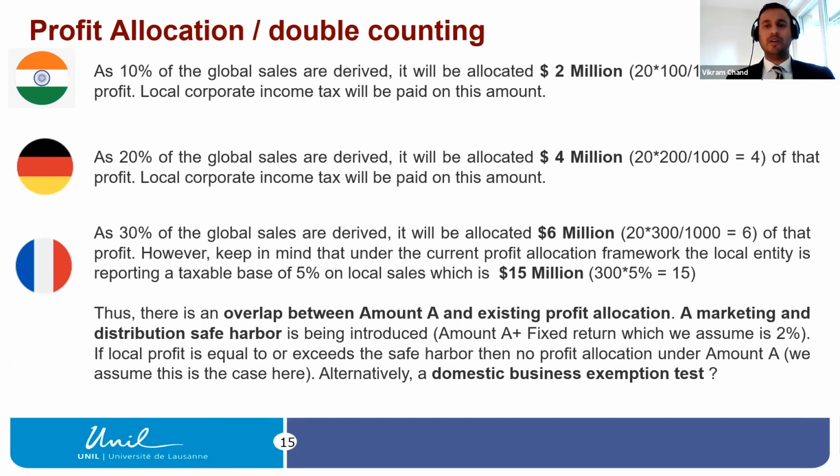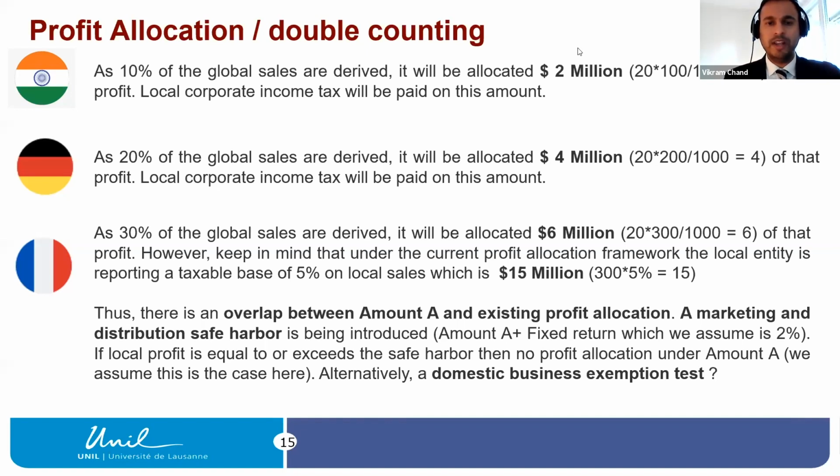At this stage, because the French entity is a full-fledged manufacturer, it could be a full-fledged distributor, it is already booking some kind of residual profits in France. So there is an overlap between Amount A and the existing profit allocation framework, in the sense that Amount A seeks to reallocate residual profits to the market country, and under the current framework, you're already booking residual profits there.